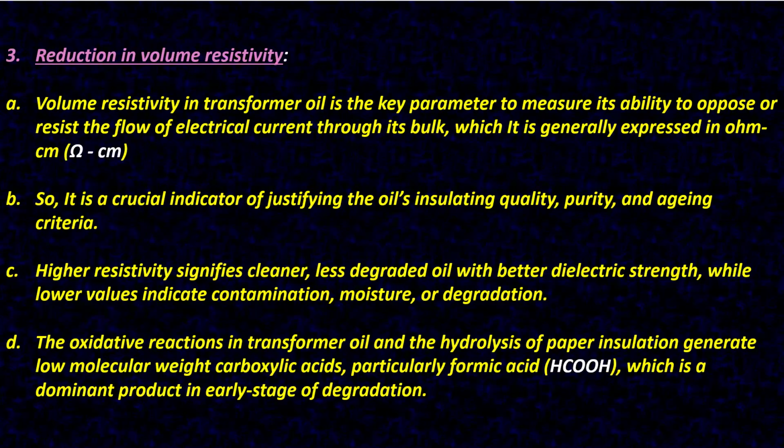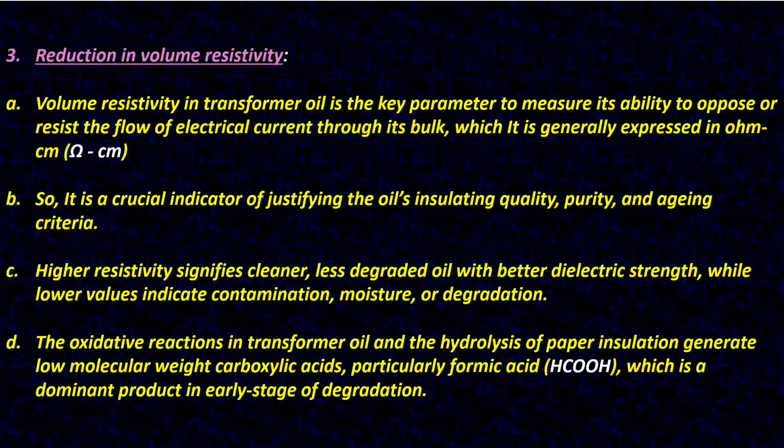Number 3, reduction in volume resistivity. Volume resistivity in transformer oil is the key parameter to measure its ability to oppose or resist the flow of electrical current through its bulk, generally expressed in ohm centimeter.